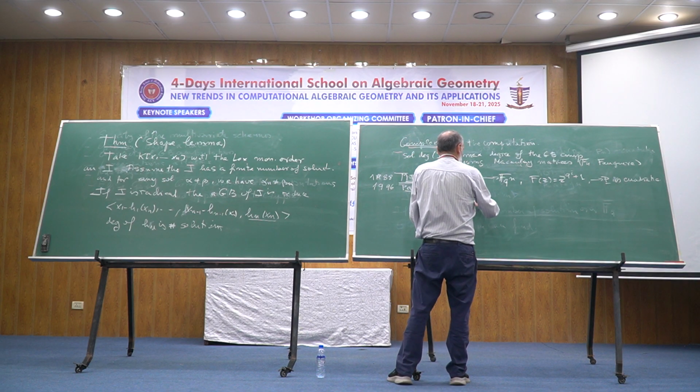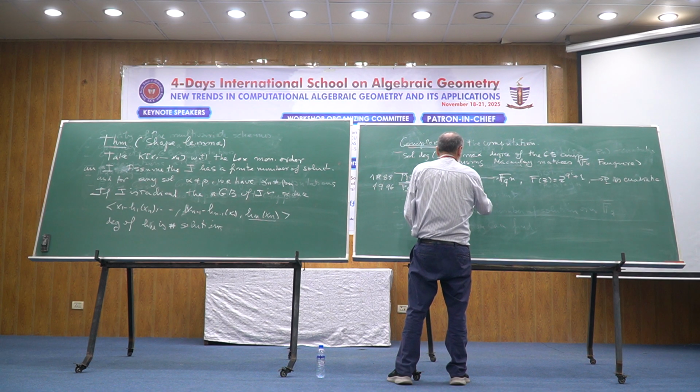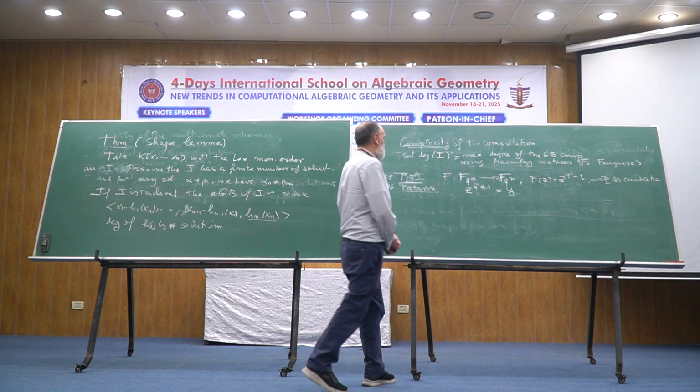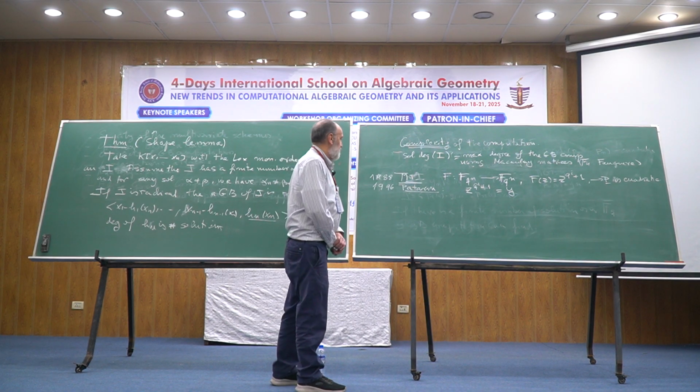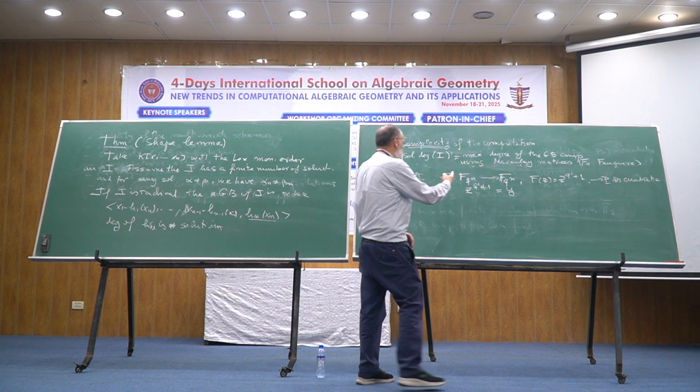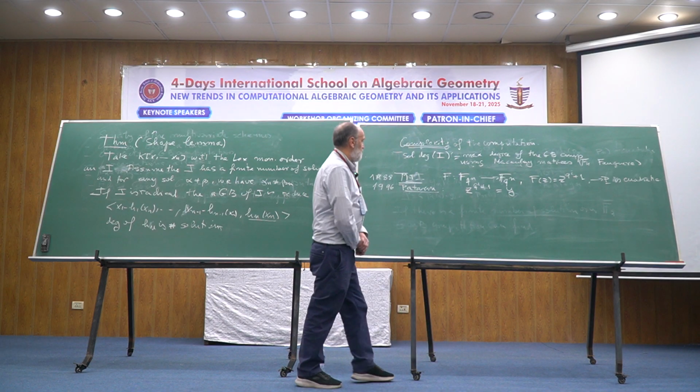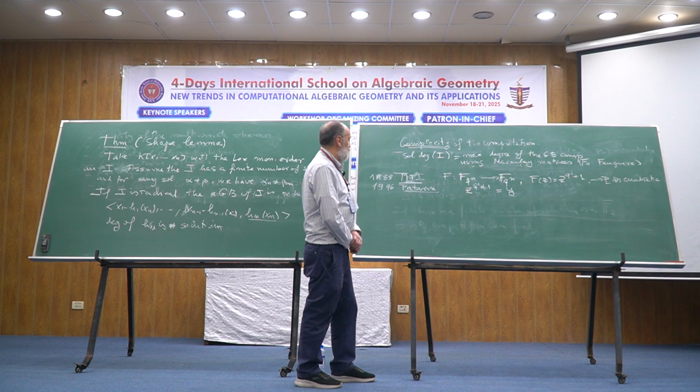Here at the level of the big field, we call it y, we have the image plus 1 equal to y. Okay, this is the map. Then we can raise both sides to the power q^i minus 1.